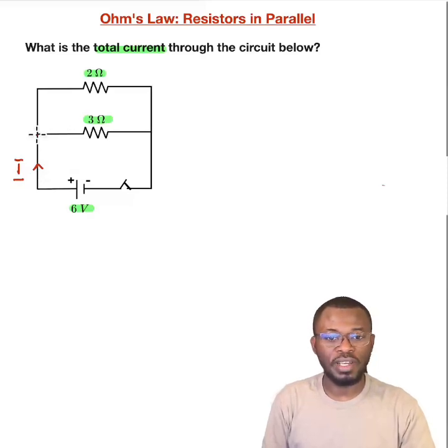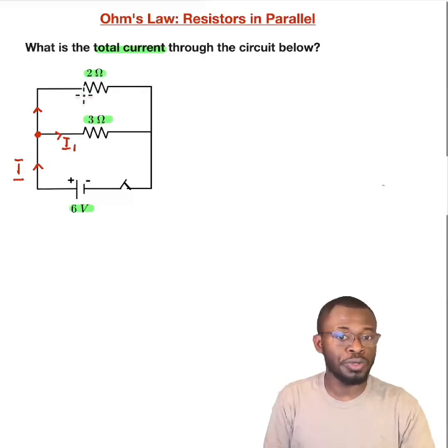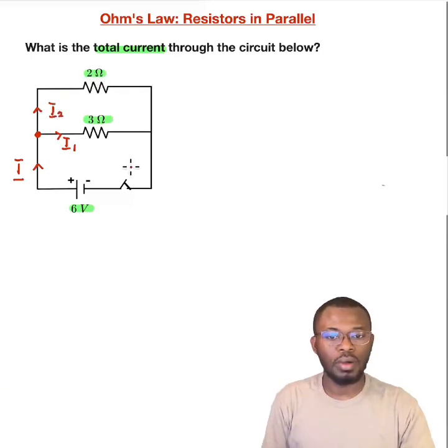However, since we have a junction here, according to Kirchhoff's law, this current is going to split into two paths. The first goes along this path, let's call it current I1. The second part goes this way through the 2 ohm resistor. Let's call it I2.